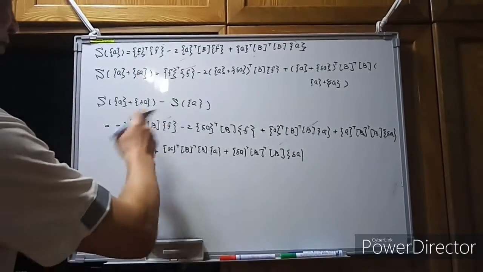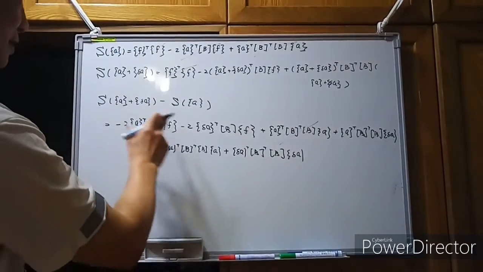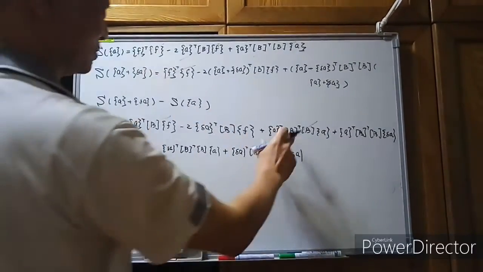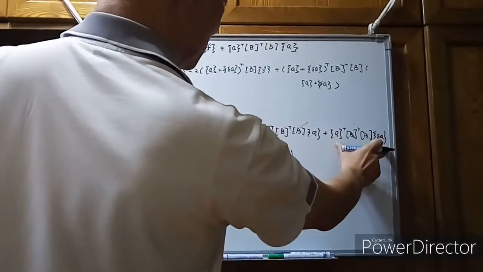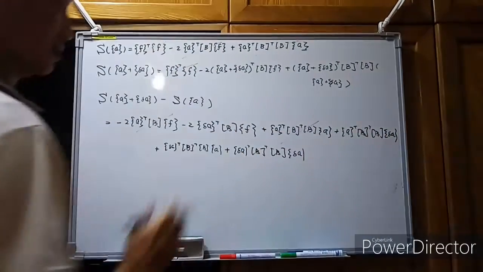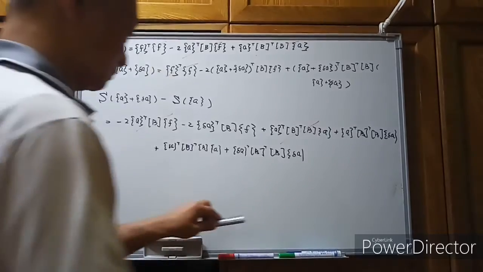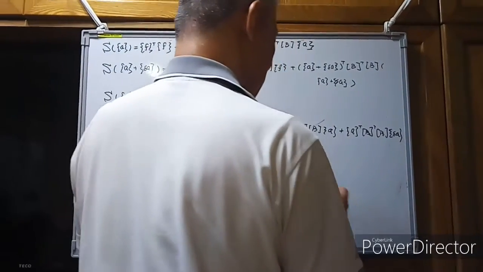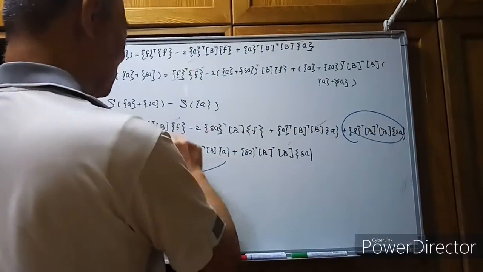But right now I erased all three terms of the S, and some terms erased. So right now I got only three terms. This one, this one, this one, totally equal to only four terms. And this one is the same as this one.